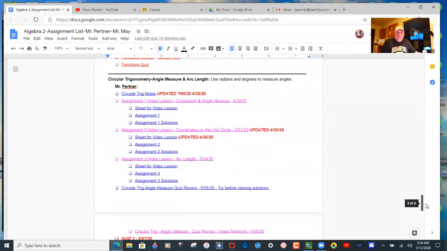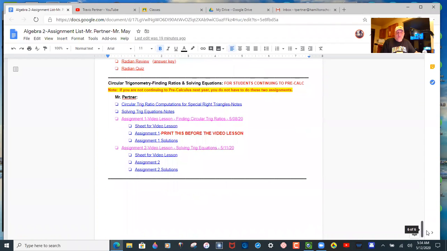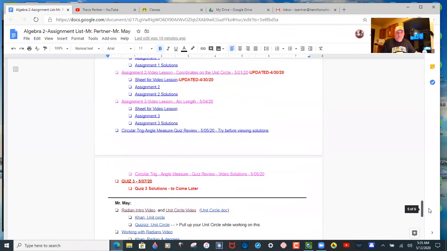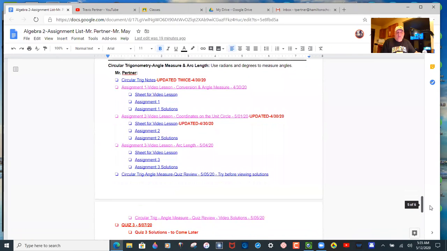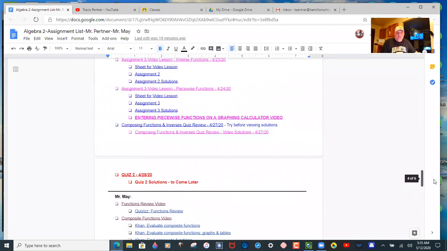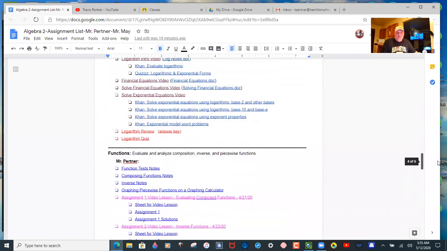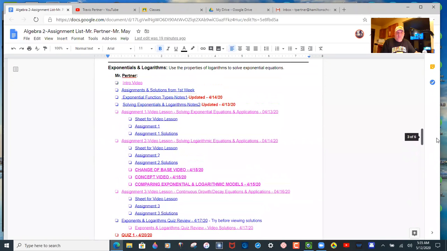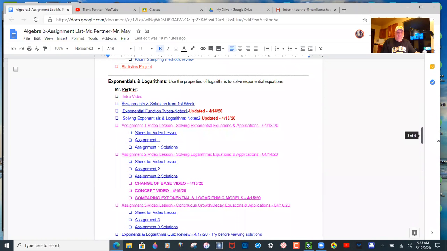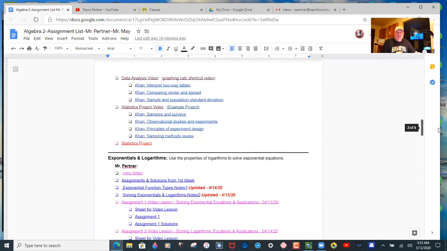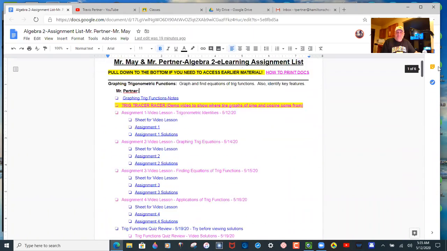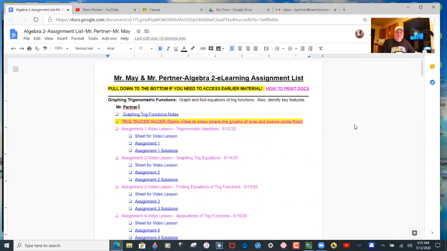But if you needed before that, you just go up a little. So the most recent material we just finished is at the bottom, and then just slowly go up and you'll find the other material. And as you go farther up, you'll find the material that we finished more in the past. And then you'll come to the very first quiz, which was over the exponentials and logarithms unit. So just pull down, you'll see it. It is underneath where we are.